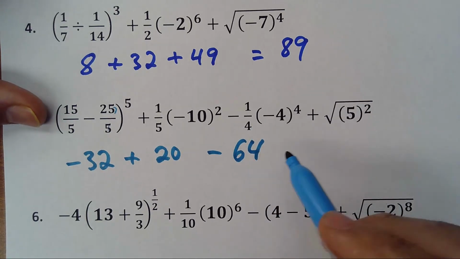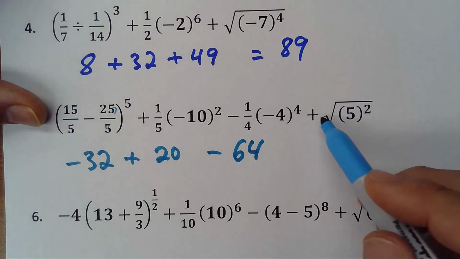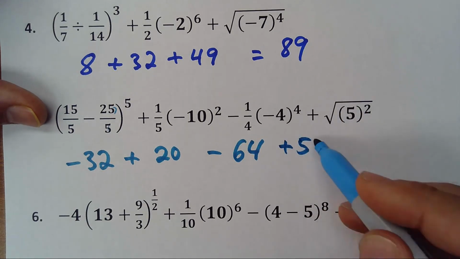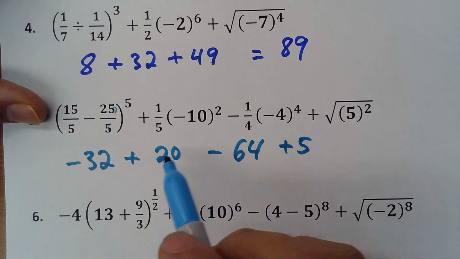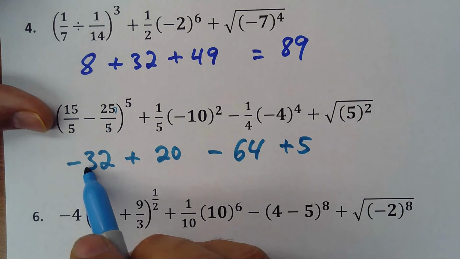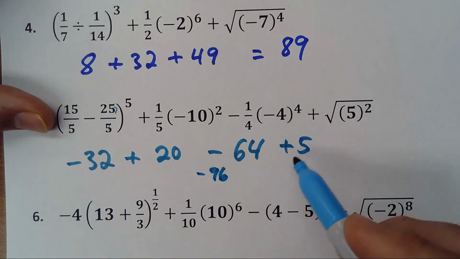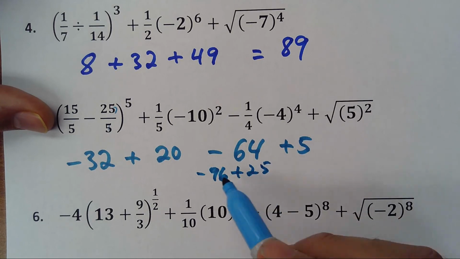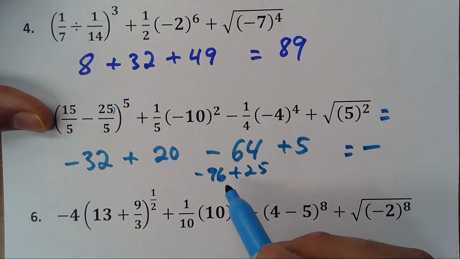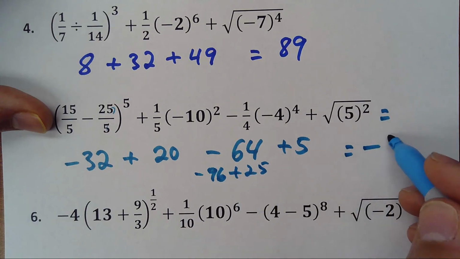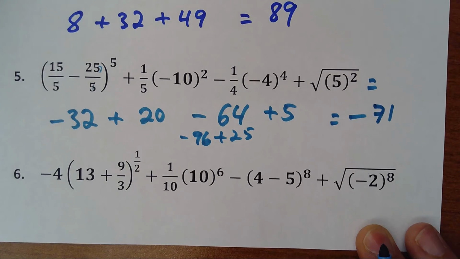Okay, and then 5 to the second power, but inside of square root, this is only 5, so it will be plus 5 here. And then I do the negative with the negative. That will be negative 96, and the positive will be 25. So my answer will be negative 71.